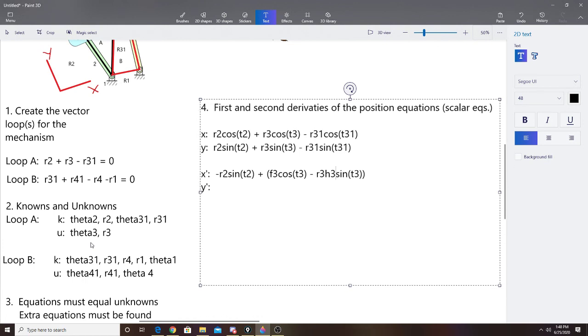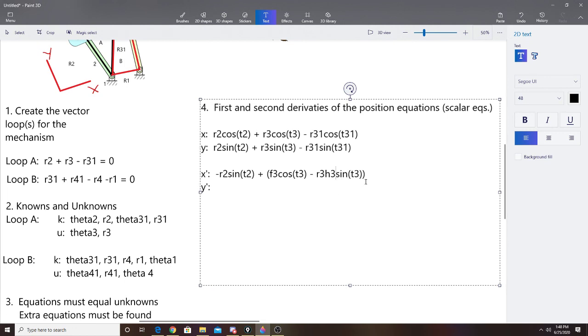Instead of writing all that in there, we just put f3. And that is the kinematic coefficient. F3 and H3s and all types of F's and H's are kinematic coefficients. Essentially, they're placeholders for the change in the position or the change in velocity or the change in acceleration of that point.